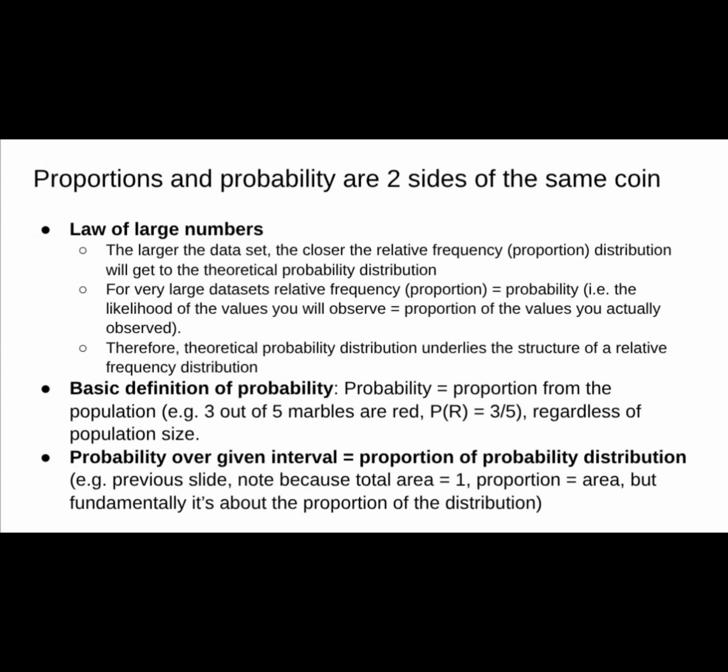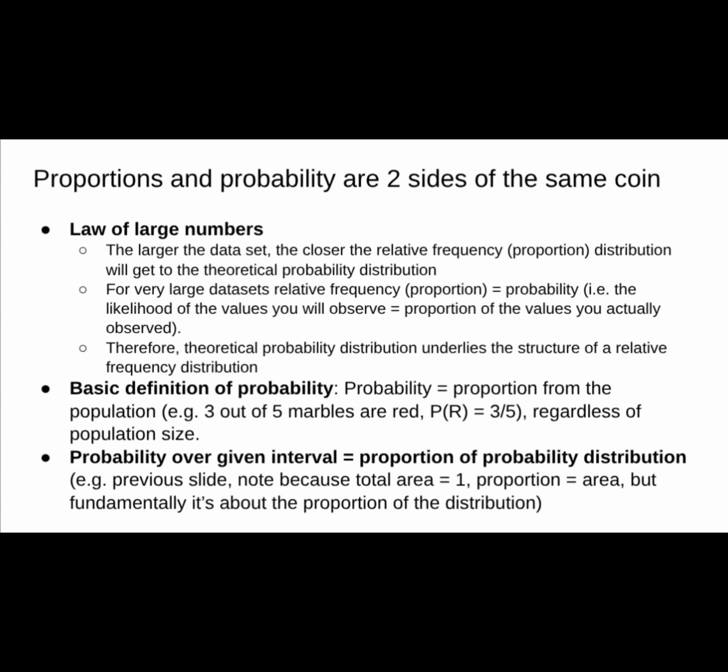At the end of lecture 2, we mentioned how probability and proportions are two sides of the same coin. We've now seen 3 ways how this is the case. The first is the idea we mentioned at the end of lecture 2, that frequency distributions of observed data follow an underlying probability distribution, like a normal distribution. And this relationship between the relative frequency of observed data and probability is known as a law of large numbers.